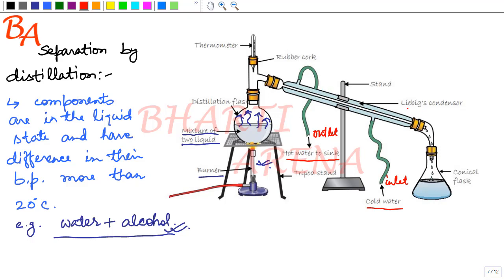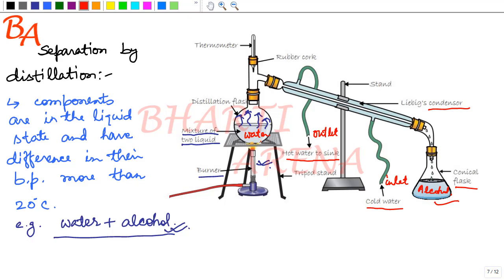This is the condenser, and this cold water makes these vapors condense in this pipe, and when it is condensed, it comes into this conical flask in the liquid state, and it is alcohol. So alcohol is separated and water will remain here.